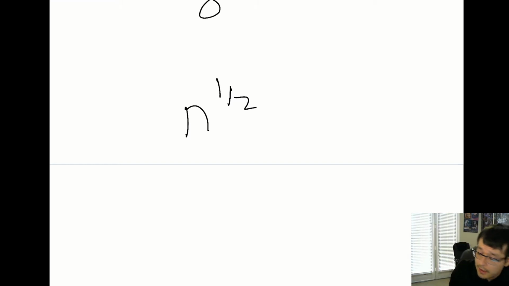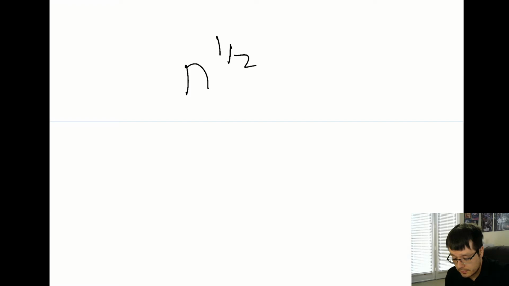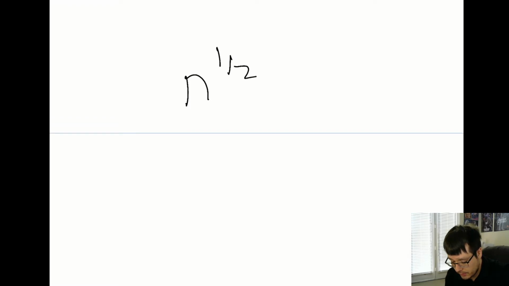Let's look back at our log properties. In our log properties, we said that, let's see, which one can we use from here? Well, actually, we're kind of going from this to log.